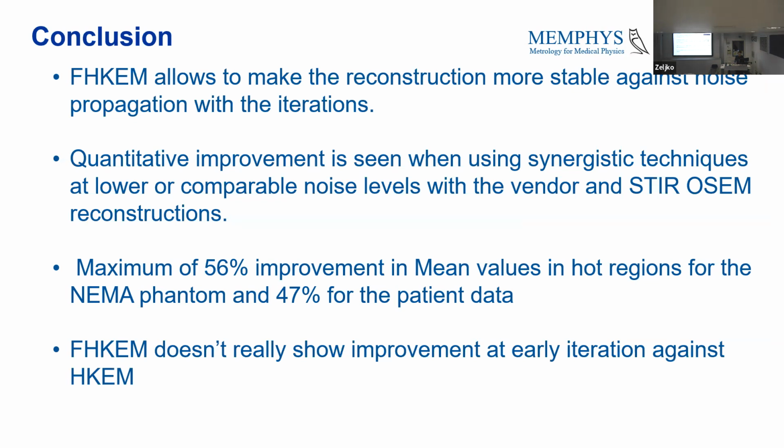So in conclusion, for the first part of the study, we can improve over the standard reconstruction that is used in the hospital by up to 50% for the phantom and 47% for the patient data. The frozen version of the HKM can reduce noise and make the algorithm more stable with the iteration.